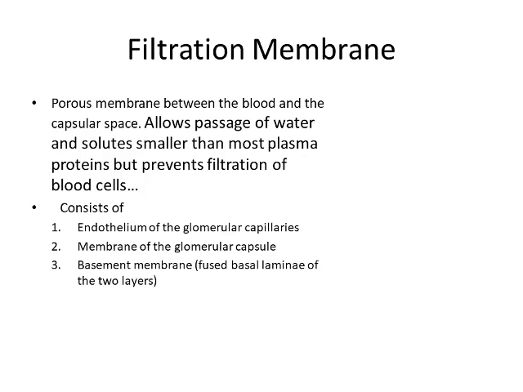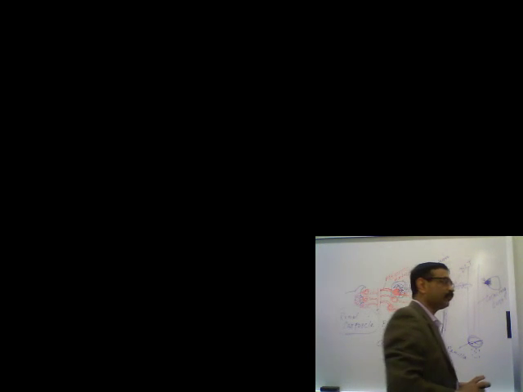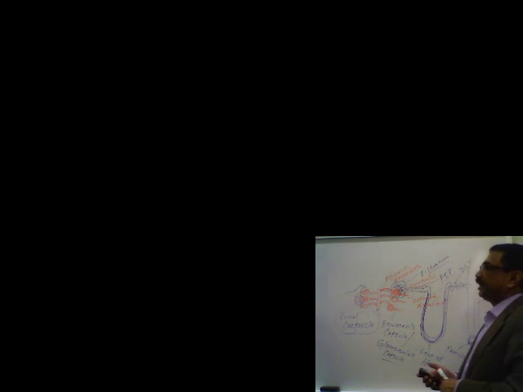The glomerulus and the Bowman's capsule or glomerular capsule together are called the renal corpuscle. Each kidney has about 1 million nephrons. So just think how tiny the nephrons are.